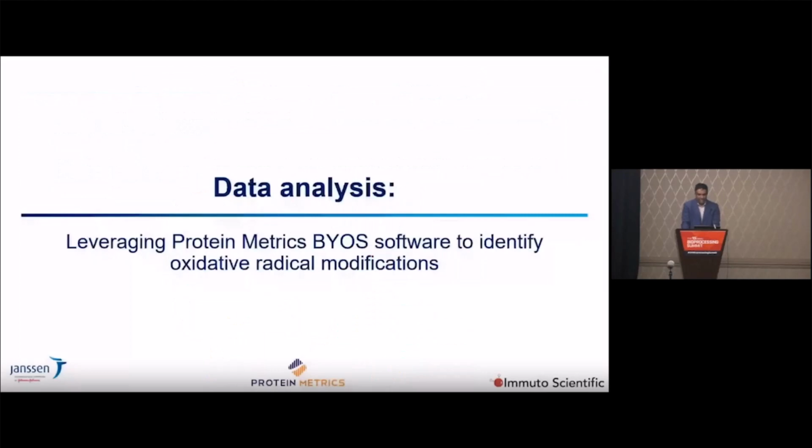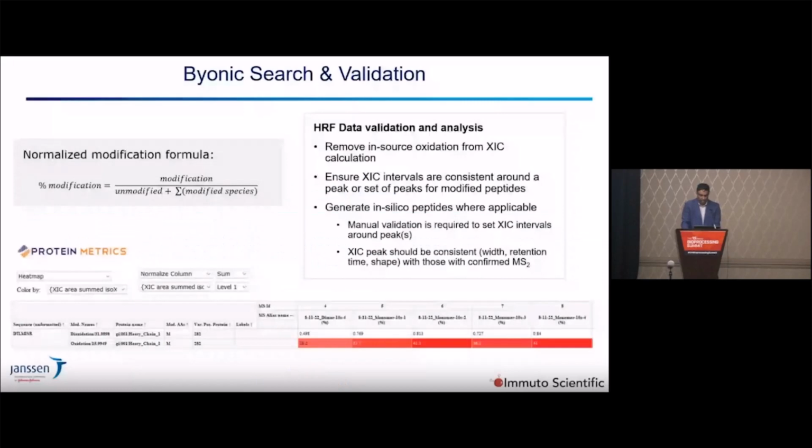So the data analysis is also streamlined. Once the data is collected, it can be automatically swept into this vendor-agnostic software known as BioPharma Finder through Protein Metrics, who is also one of our collaborators, that can analyze this data quite readily using their built-in footprinting workflow. The modification levels are calculated using this formula: the modification over the total sum of the modified peptides as well as the unmodified counterpart of the peptide.